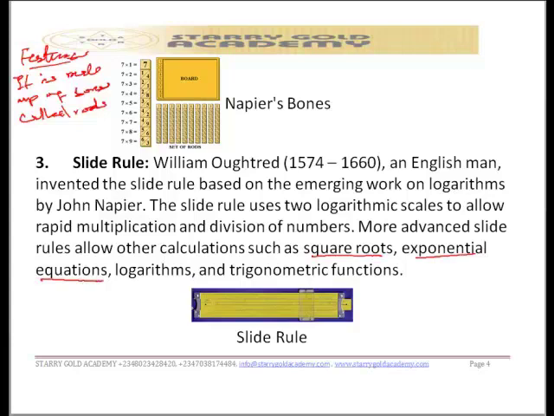And some of the uses are that it can be used for the calculation of multiplication of numbers, division of numbers, square roots, exponential equations, and it could be used for the calculation of trigonometric functions. Even it could be used for the calculation of logarithms.